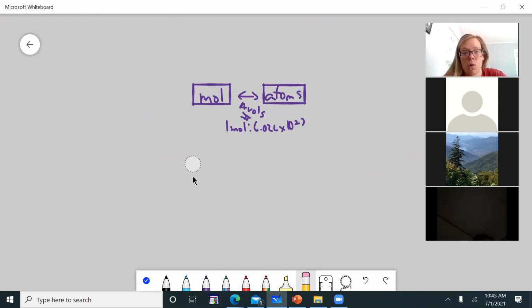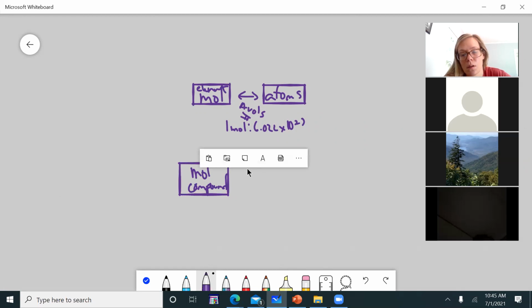We also can do moles of element to atoms, and moles of compound to molecules of compound.